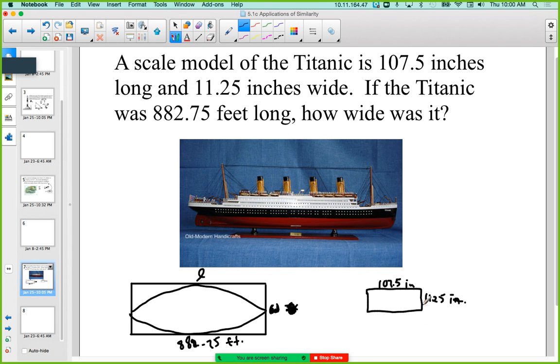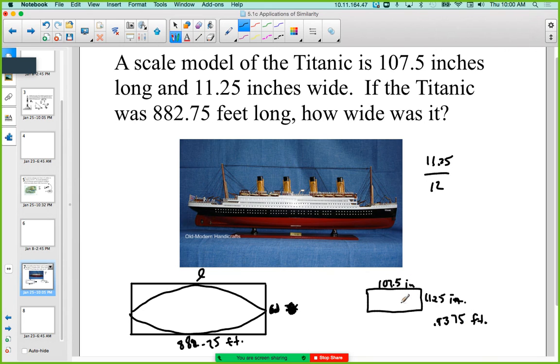Okay, so I'm going to start with the width. If I want to figure out what 11.25 inches is in feet, basically I want to figure out what 11.25 inches is out of 12 because that's 1 foot. 12 inches is 1 foot. So I just need to do 11.25 divided by 12, and I get 0.9375 feet. So that's how many feet 11.25 inches is, 0.9375.